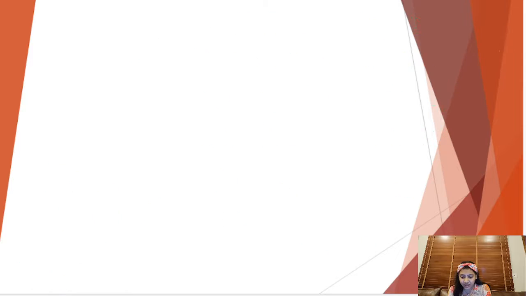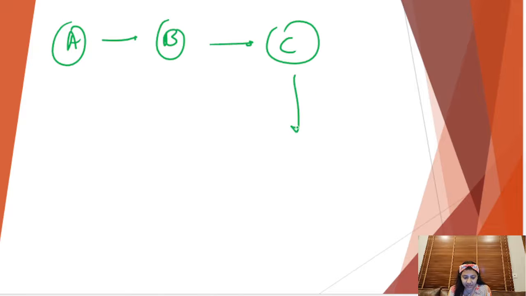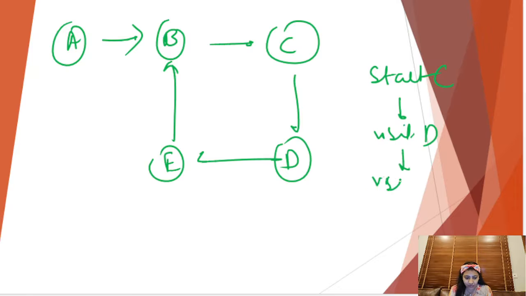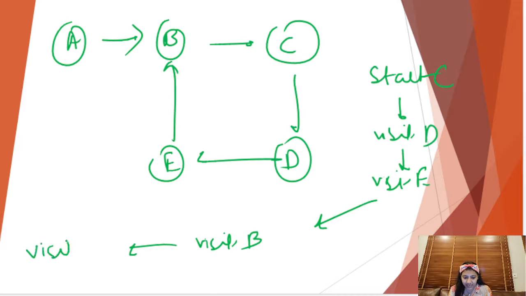This is my graph, starting from A, this is B, this is C, this is D, this is E, and this is back to B. Now if I do a different DFS traversal of this graph, let's say I start from C, then we go to D, we visit D, then from D we visit E, then from E we visit B, and from B it's taking us again to vertex C, which we have already seen.